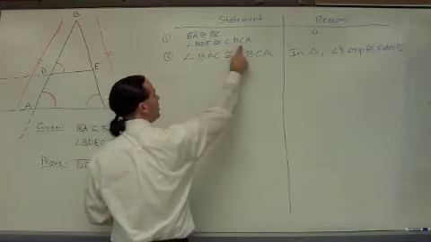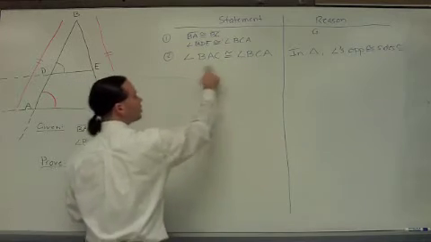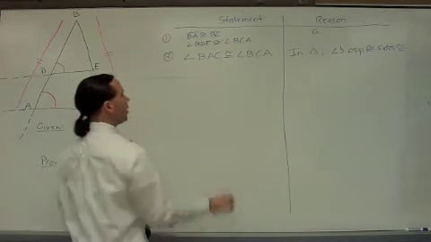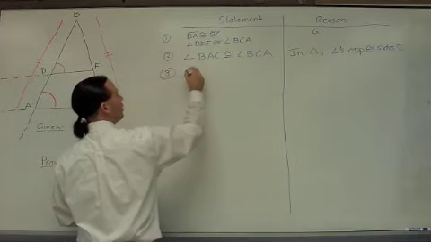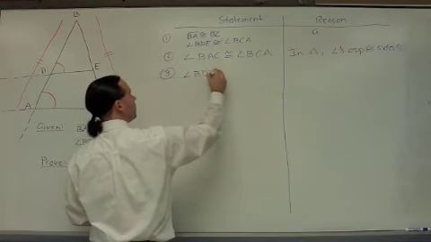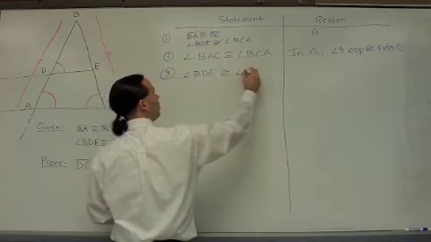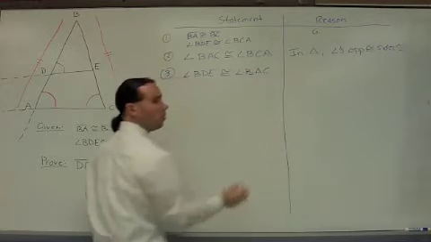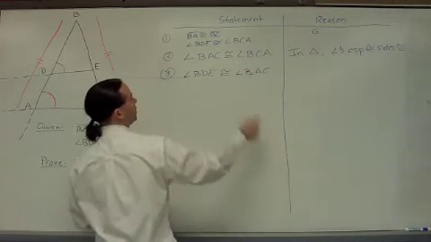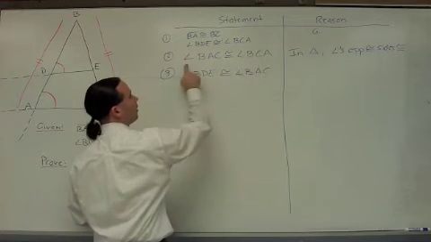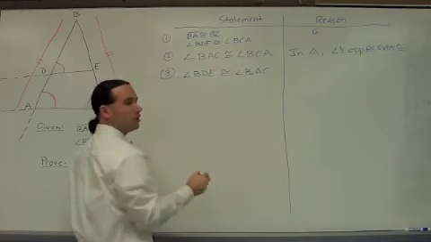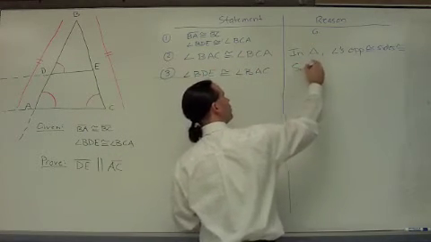If BDE is congruent to BCA, and BAC is congruent to BCA, then it should be easy for you to see that angle BDE is congruent to angle BAC. All I'm doing is replacing this BCA with BAC here. So that's a substitution on steps 1 and 2.